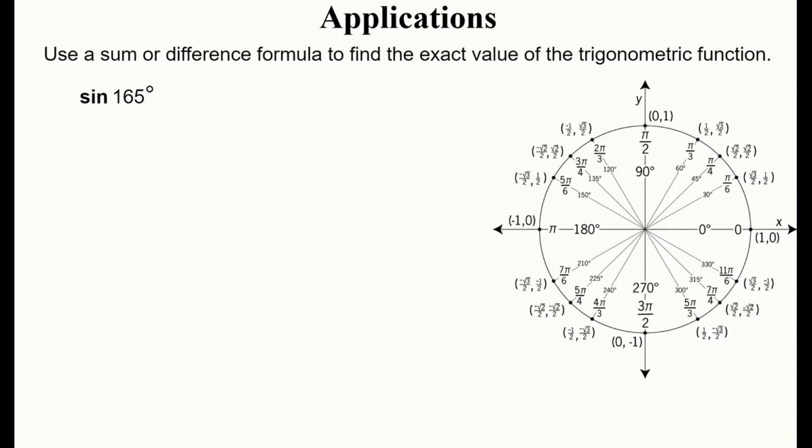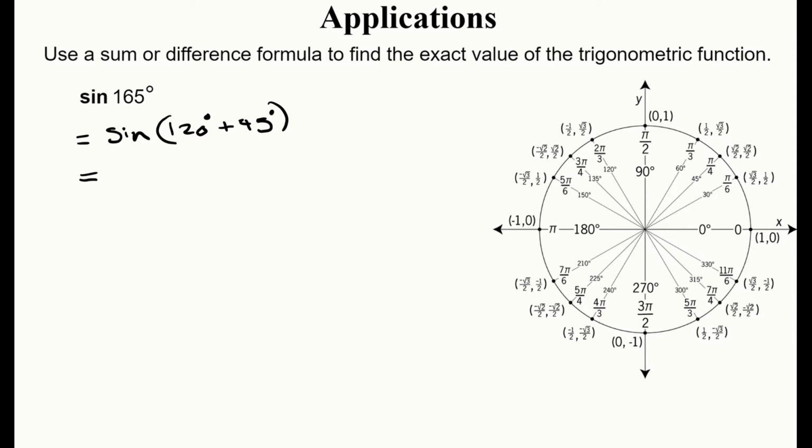I'll give you a minute to think about it, but I think you agree that if we take 120 and 45, that should be a good combination there. So we'll go ahead and rewrite sine of 165 as the sine of 120 degrees plus 45 degrees.